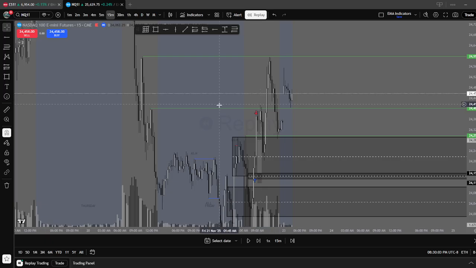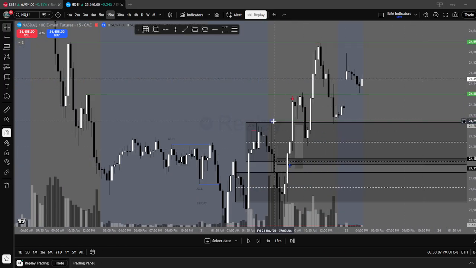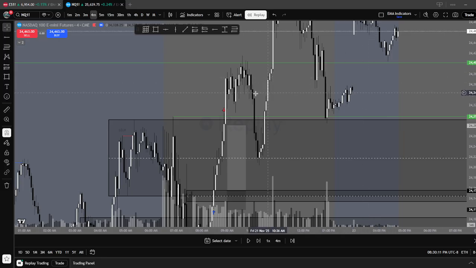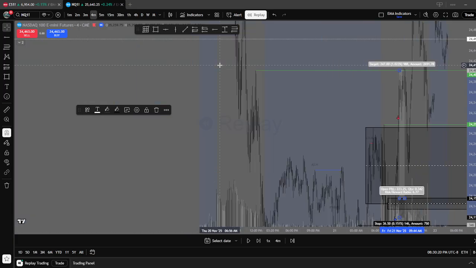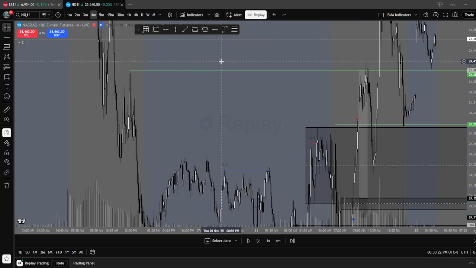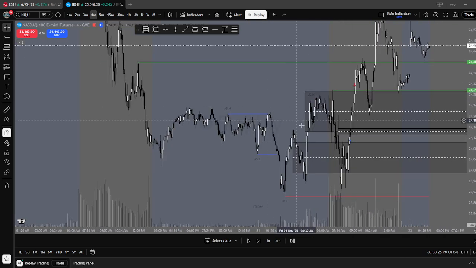I'm happy with exiting out of the consolidation high. In a real trading day, what I would have done probably is set first take profit at the consolidation high, so right here, and second take profit at this high. But solid little trade.